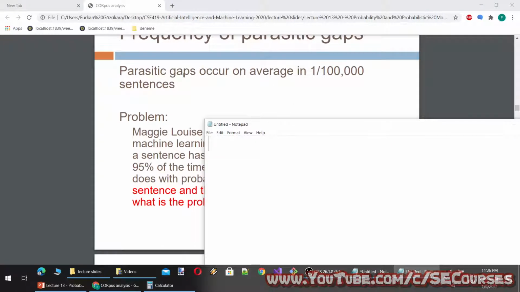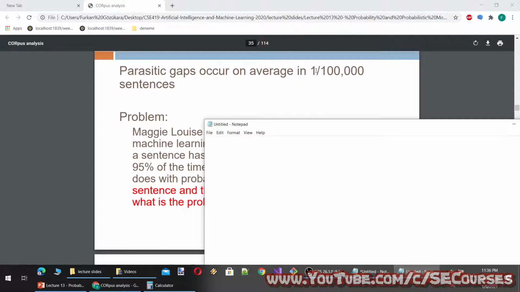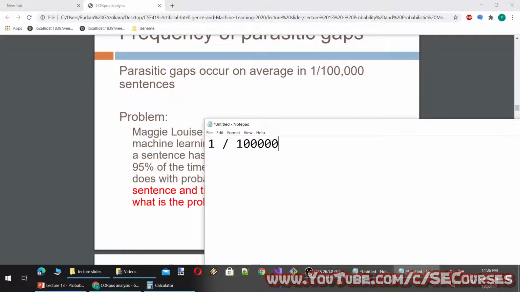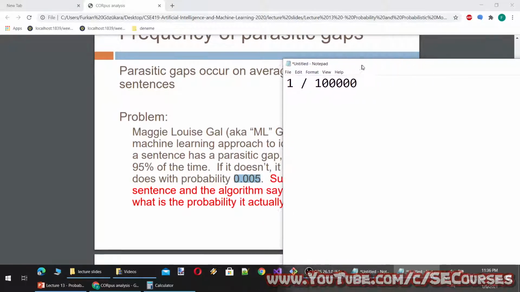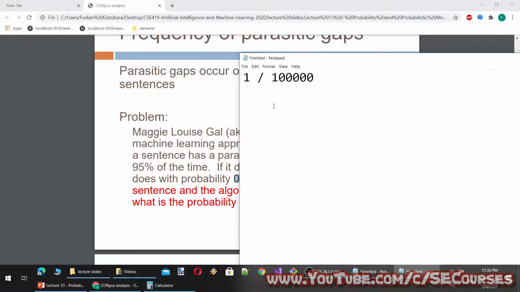Parasitic gaps occur on average 1 in 100,000. So if it has one, it is correct 95% of the time. So in that one case in 100,000, it is correct 0.95 times.